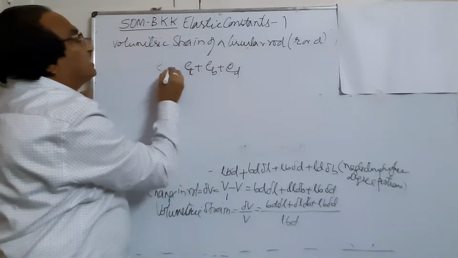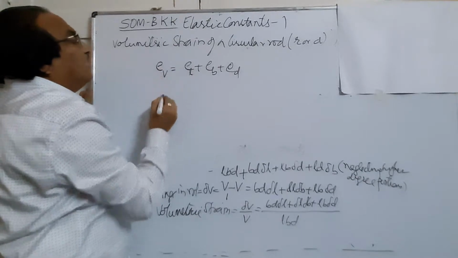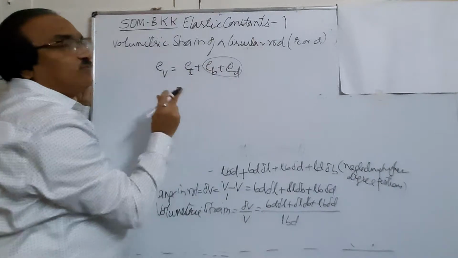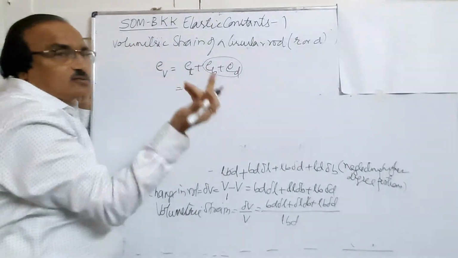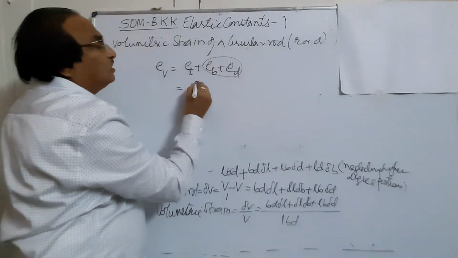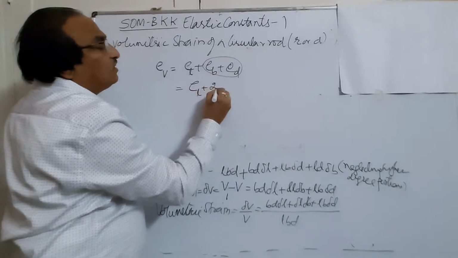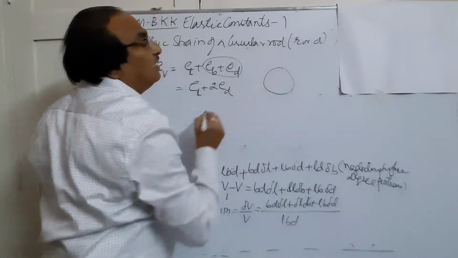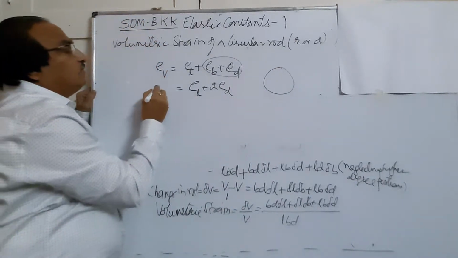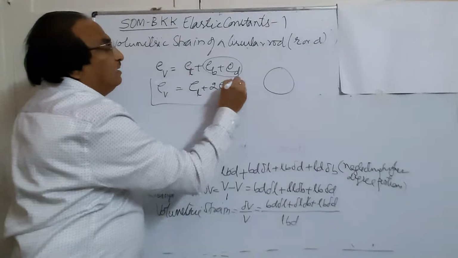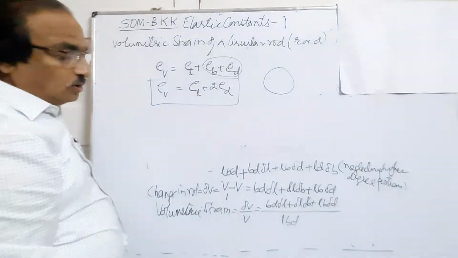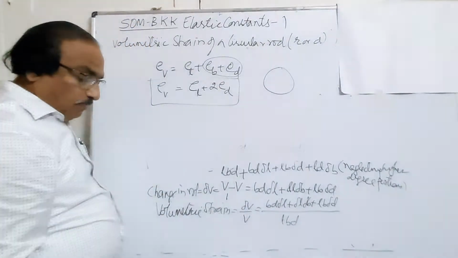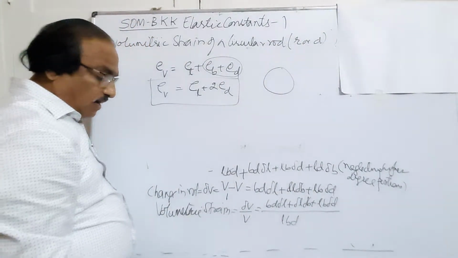If I go on the same lines as for the rectangular bar, for the cylindrical bar B and D will be the same for the circular part. It has a diameter, so this will be EL plus twice the strain in diameter, because B and D are nothing but the circular diameter D. So this is the formula we will be using for a circular bar, the volumetric strain in case of a circular cylindrical bar.